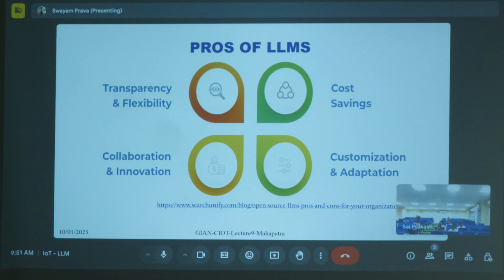And finally, we have the customization and adaptation. LLMs can be again fine-tuned to cater to specific needs, whether it be for individual students or, say, unique academic requirements. Adaptive learning systems evolve with data, maintaining relevance over time.